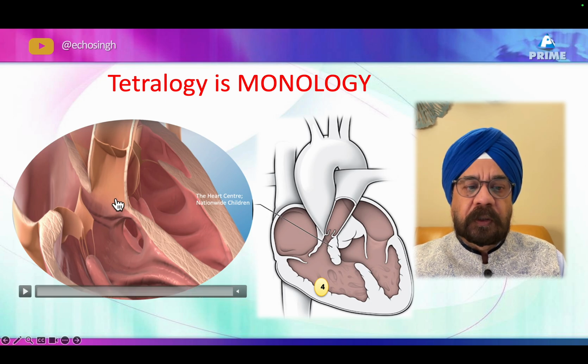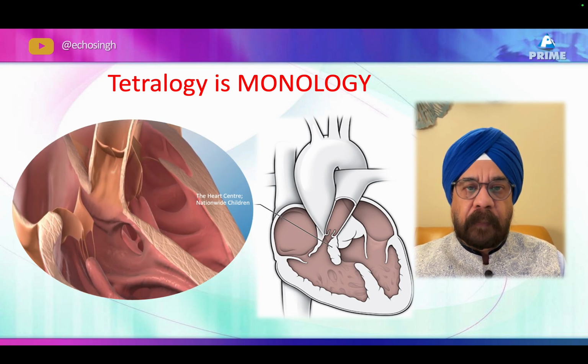You would notice in this video the conus moves anteriorly and towards the pulmonary artery, making it narrow. And when it moves rightwards and anteriorly, the aorta overrides the ventricular septal defect.